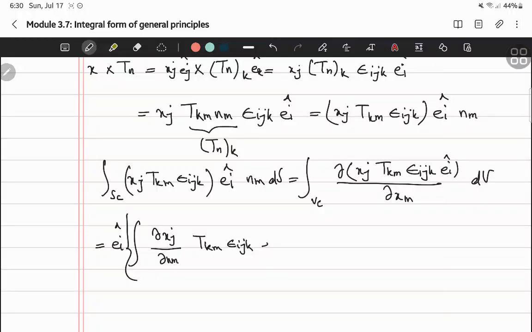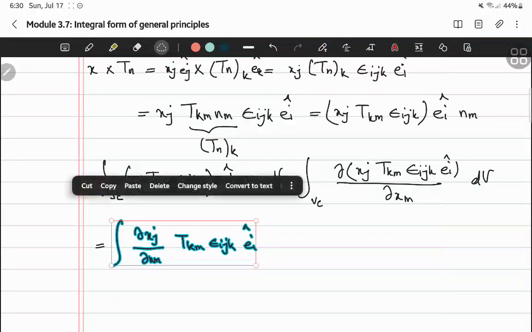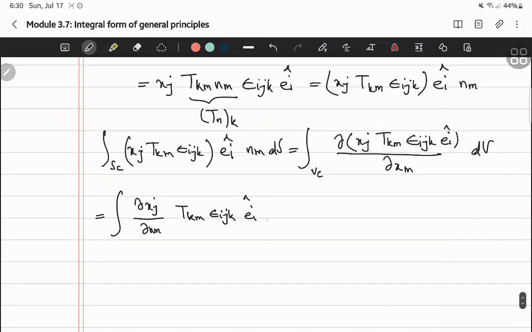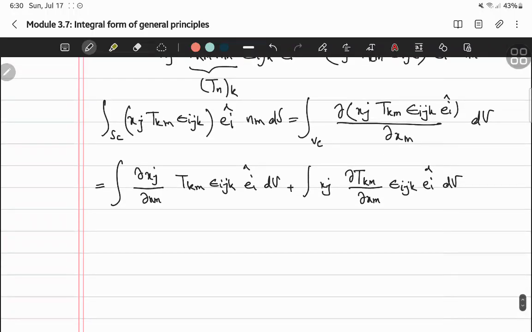To factor everything right here, then we have dV plus the integral of xj partial derivative of tkm with respect to xm epsilon ijk e_i dV, and this is over Vc, of course.